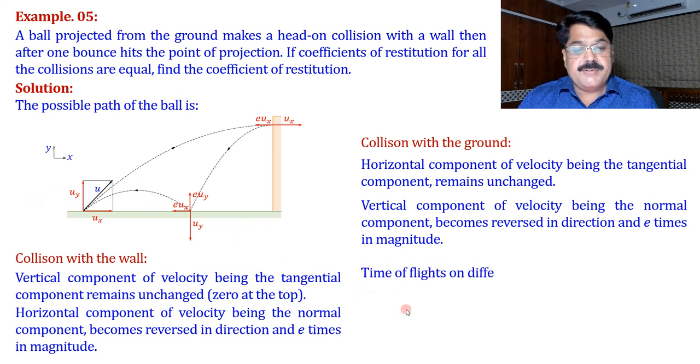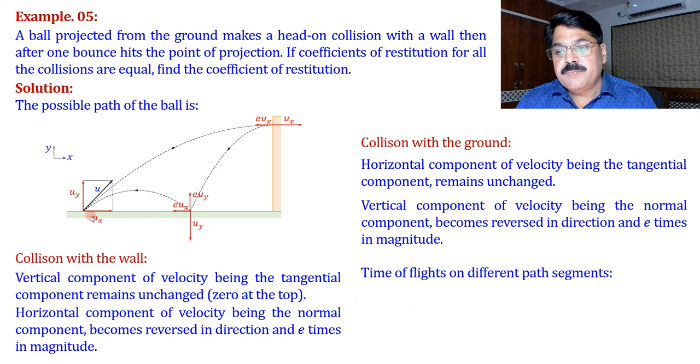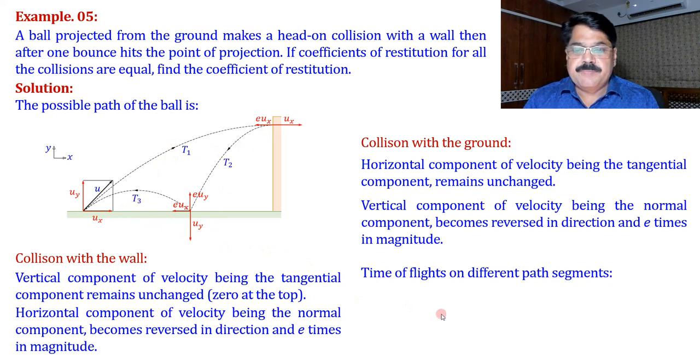Time of flight on different path segments. Actually there are 3 path segments, this, this, and this. Let us denote the time of flight from here as T1, for this T2, and for this entire one T3. Now write the time of flight expressions. T1 is uy upon g, that is very simple, from projectile motion you can write T1 is uy by g.